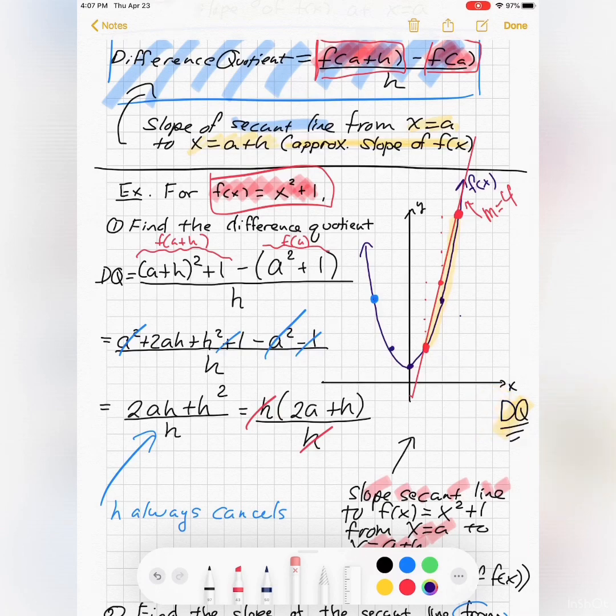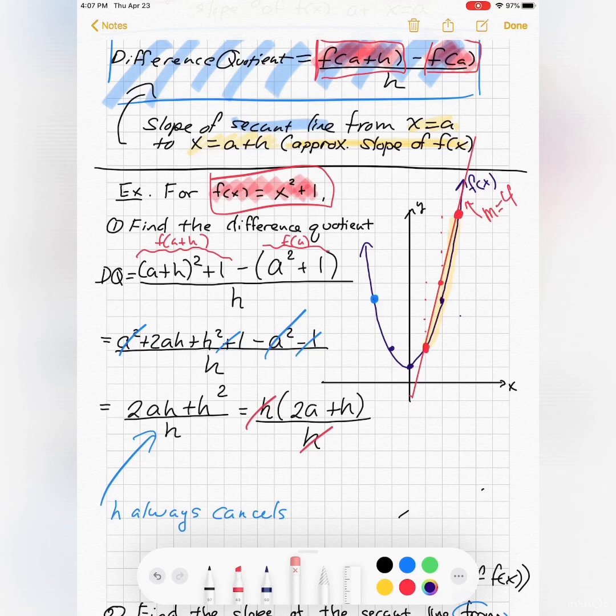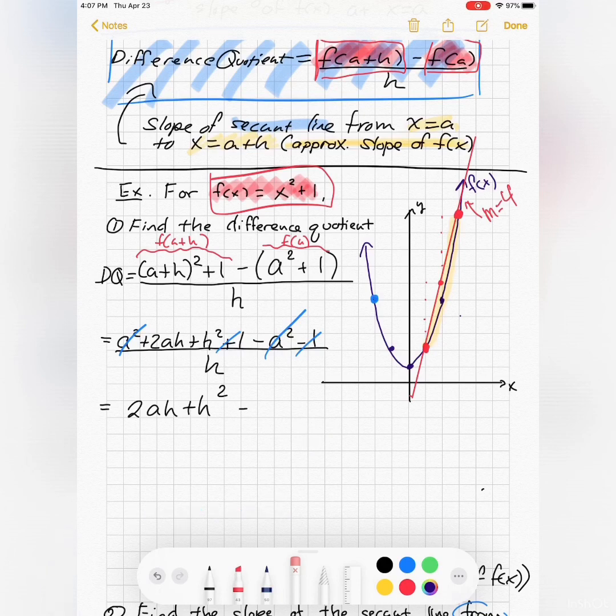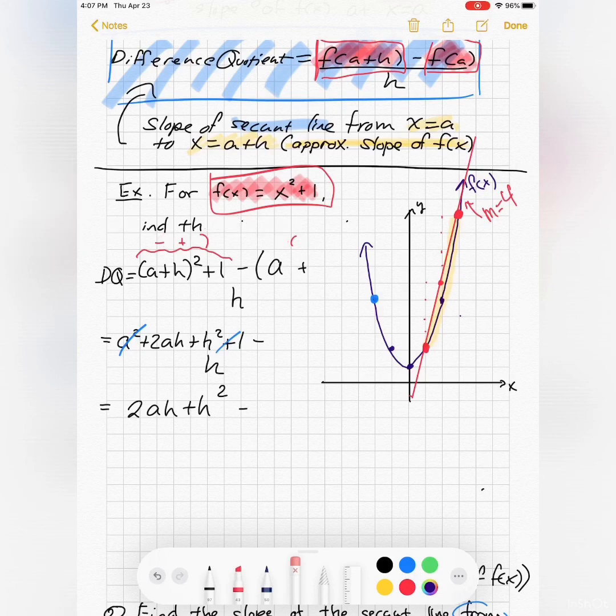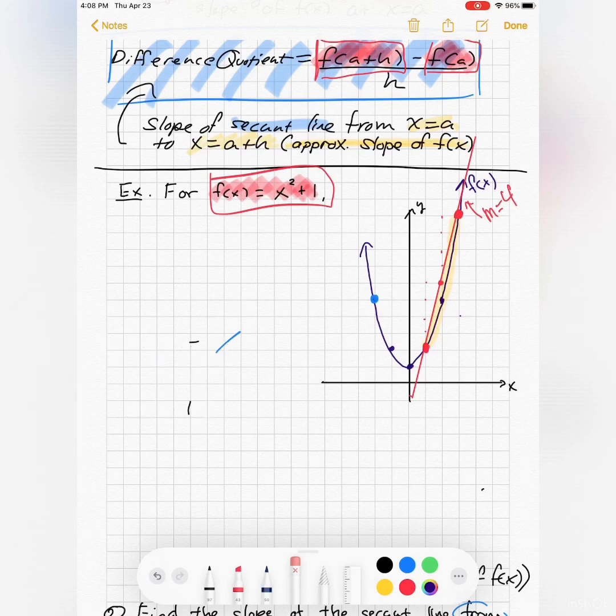I can clean some of this up. Okay, we're done with all this. Alrighty, so let me see.